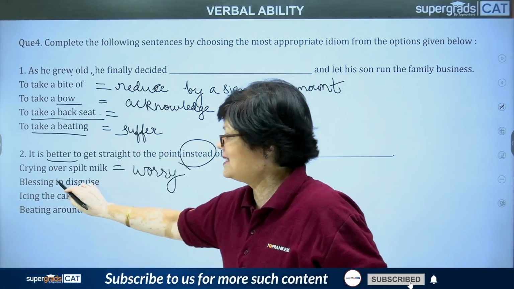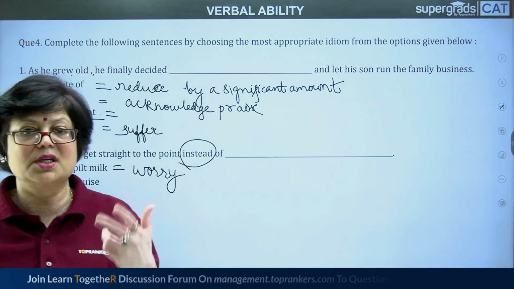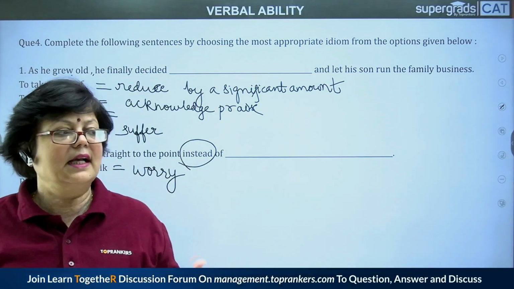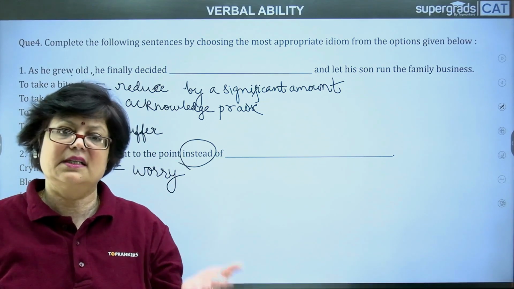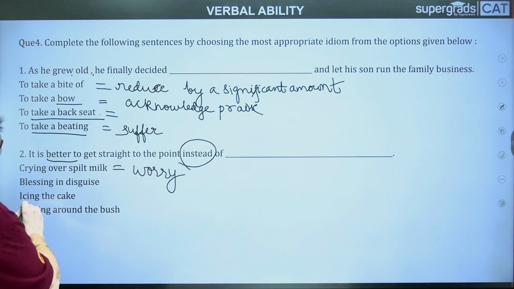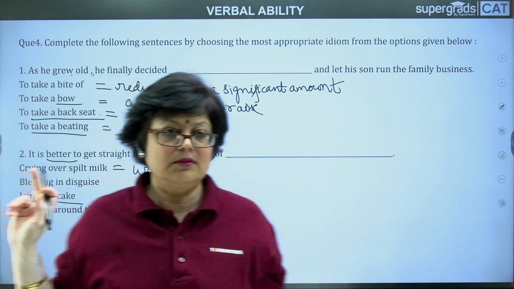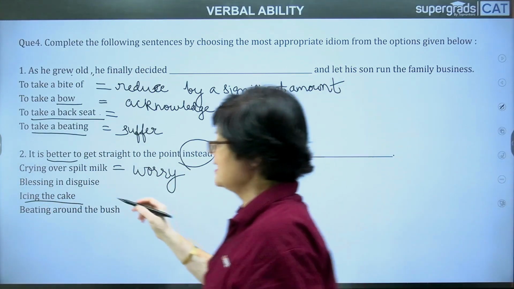Second, blessing in disguise has a very positive meaning, which means that this is happening for our good. It is disguised, it is hidden, but it is happening for our benefit. Look at the third, icing the cake. Now, students, icing the cake is no idiom. The idiom is icing on the cake.